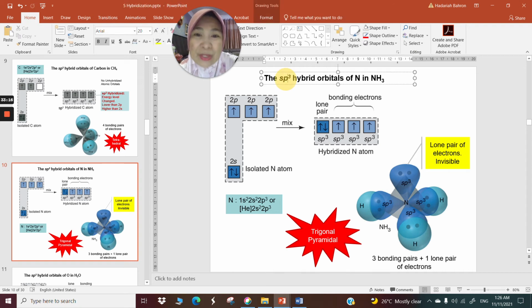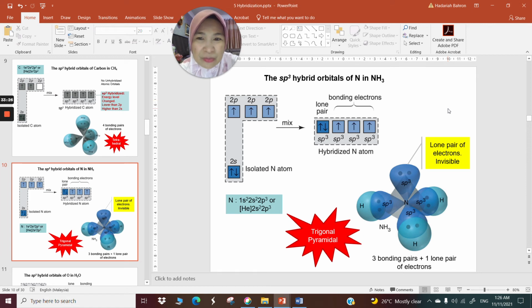Then I'm going to go next into sp3 also, but not in methane, but in ammonia. When you recall that we have learned previously through VSEPR that ammonia has one pair of lone electrons and then 3 pairs of bonded electrons. So how are we going to explain that using hybridization?